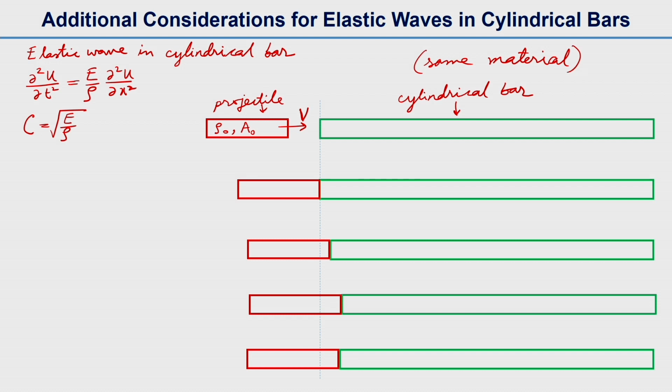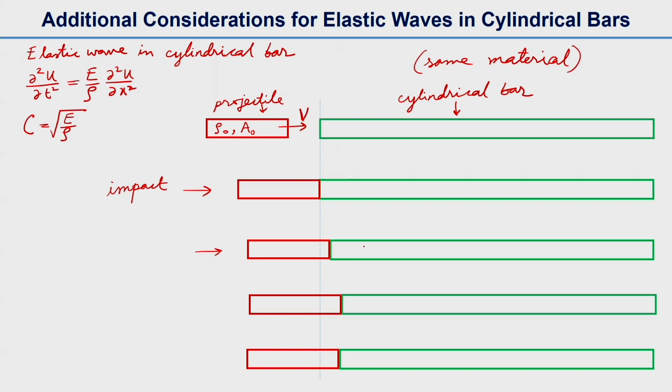So what happens when a bar impacts? In this figure we show the impact, where the projectile hits the cylindrical bar. Now what will happen is shown in the third figure. There will be compressive stress pulses generated.